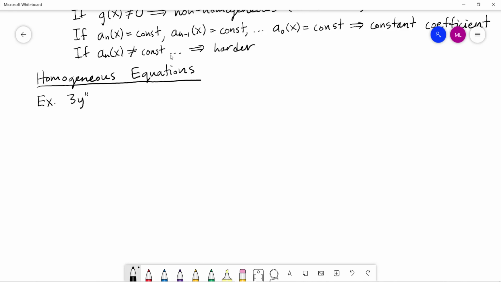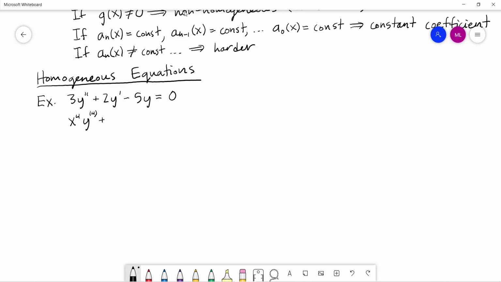So here's one, 3y double prime plus 2y prime minus 5y equals 0. Maybe here's another one, x to the fourth times y, fourth derivative. When I do it in parentheses like this, the indication is that it's not being raised to that power, but instead that is an indication that we're taking a fourth derivative.